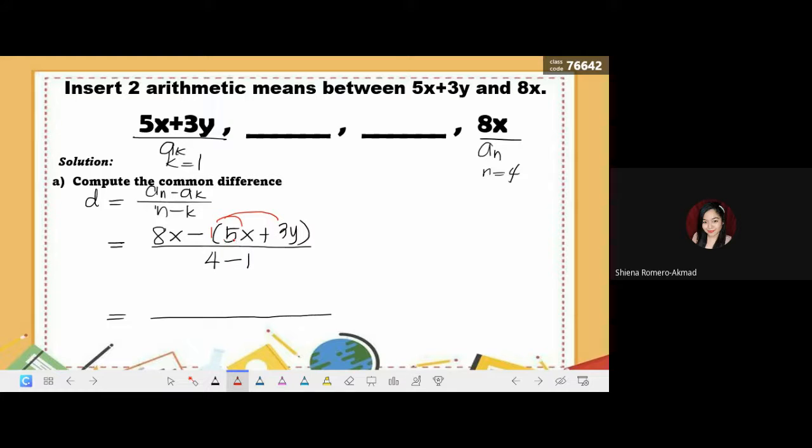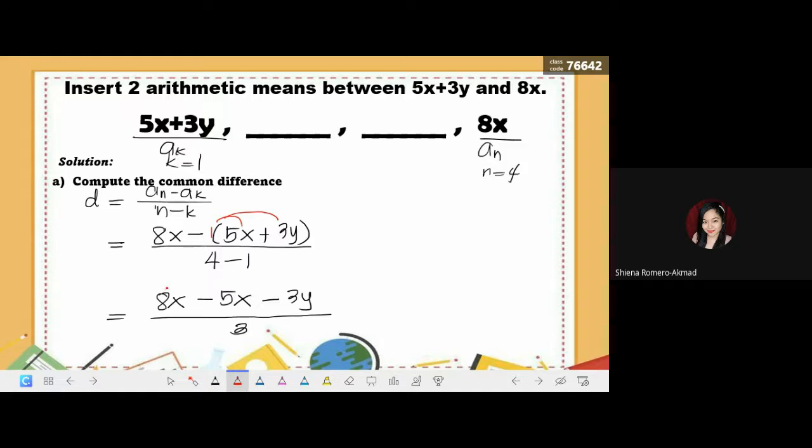So, magiging negative 1 times 5x, negative 1 times 3y. So, ibig sabihin, magiging negative yung mga signs nila because they are both positive. So, magiging 8x minus 5x minus 3y. Okay, malinaw yon. 4 minus 1 is 3.